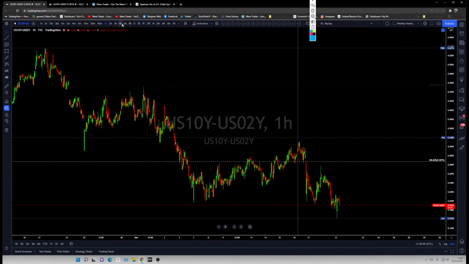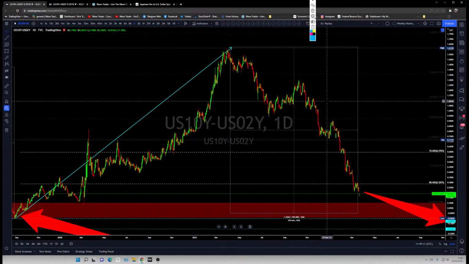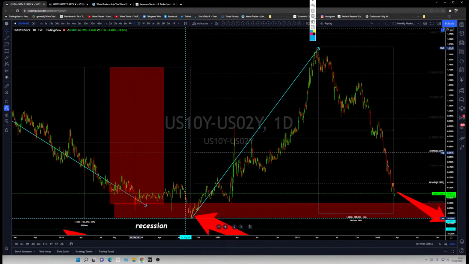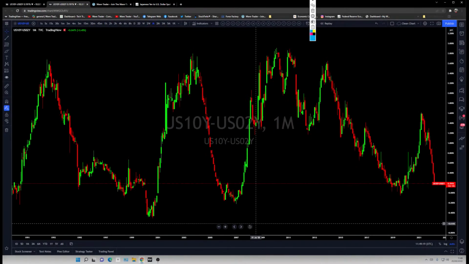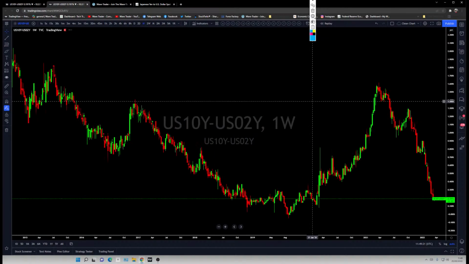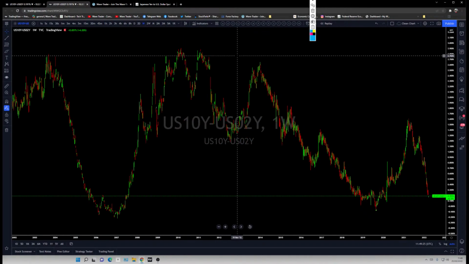Okay, so let's talk about a different thing over here. If I look at this clean chart, this is going to be a good thing for you to learn, guys.